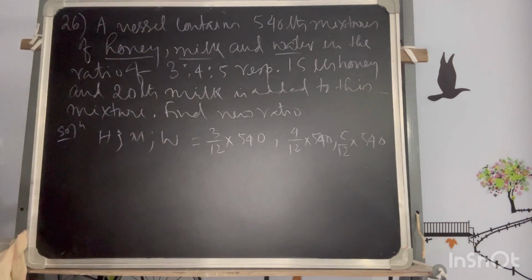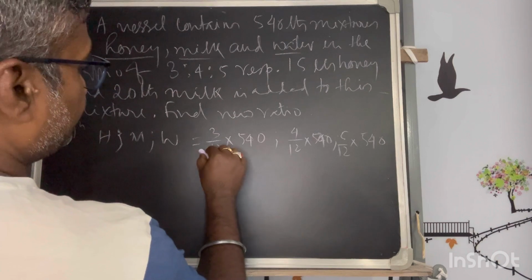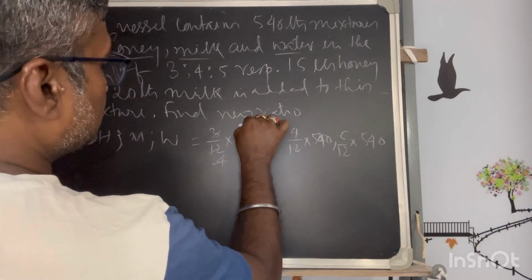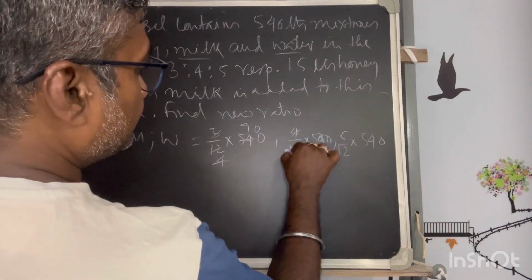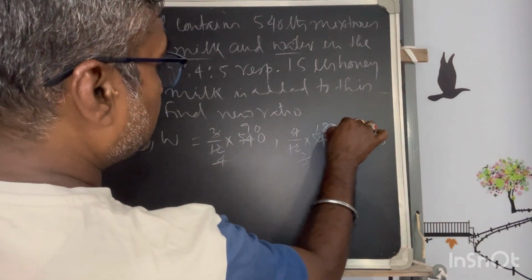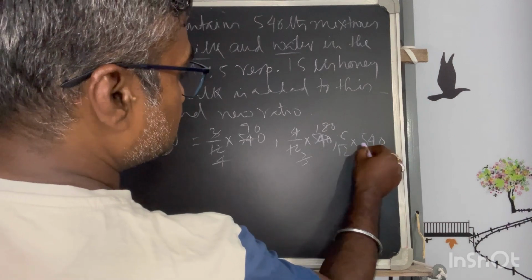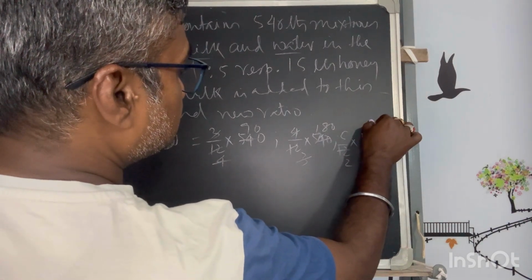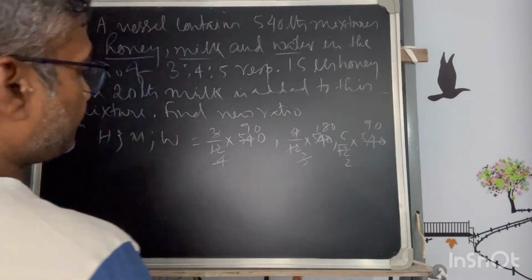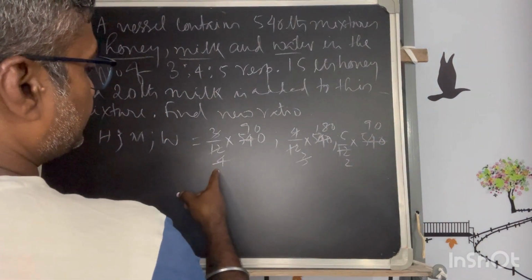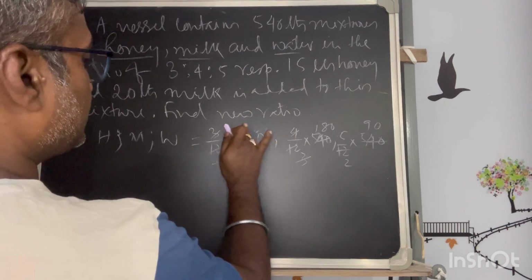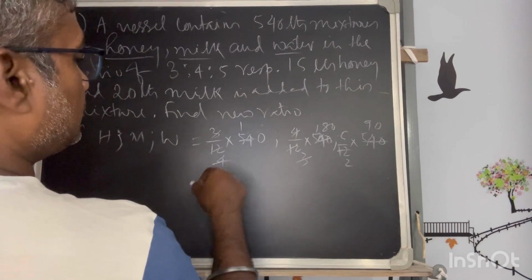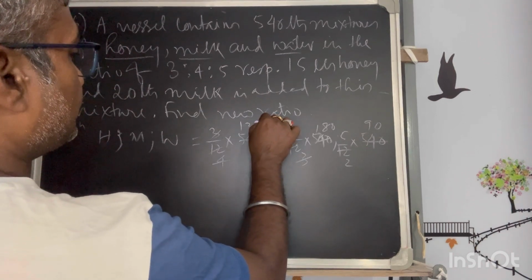Now this is how much? 3 by 12 of 540 is 135, 4 by 12 is 180, and 5 by 12 is 225.